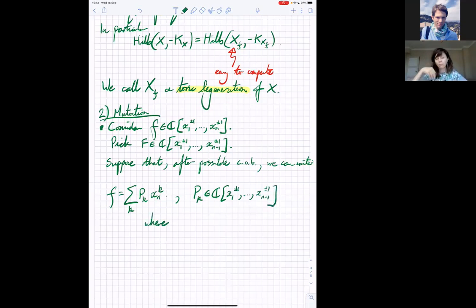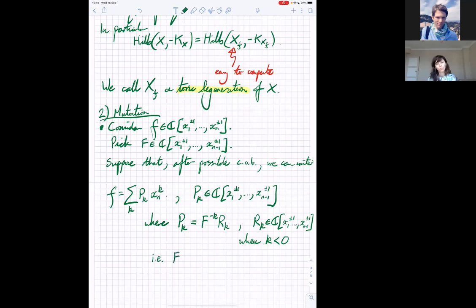Here's the thing: each of these p_k's is equal to f to the minus k times r_k for some Laurent polynomial r_k, for all negative k. What I'm trying to say is that whenever k is negative, we have f to the minus k divides p_k. So that's the key thing I'm trying to say.